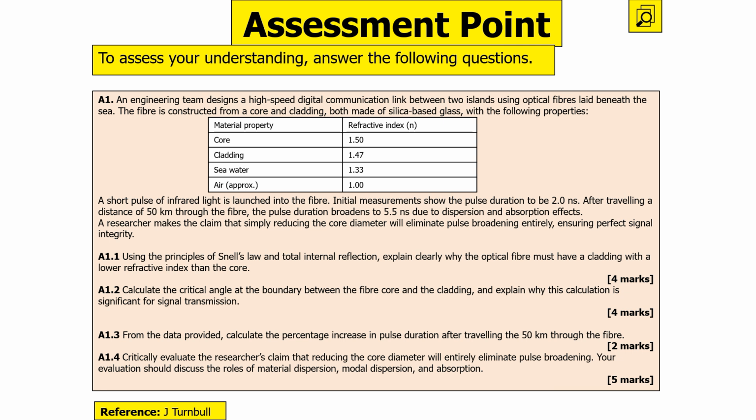From the data provided, calculate the percentage increase in pulse duration after travelling 50 kilometres through the fibre, and then critically evaluate the researcher's claim that reducing the core diameter will entirely eliminate pulse broadening. Your evaluation should discuss the roles of material dispersion, modal dispersion, and absorption. So pause the video now and unpause the video when you want to go through your answer.